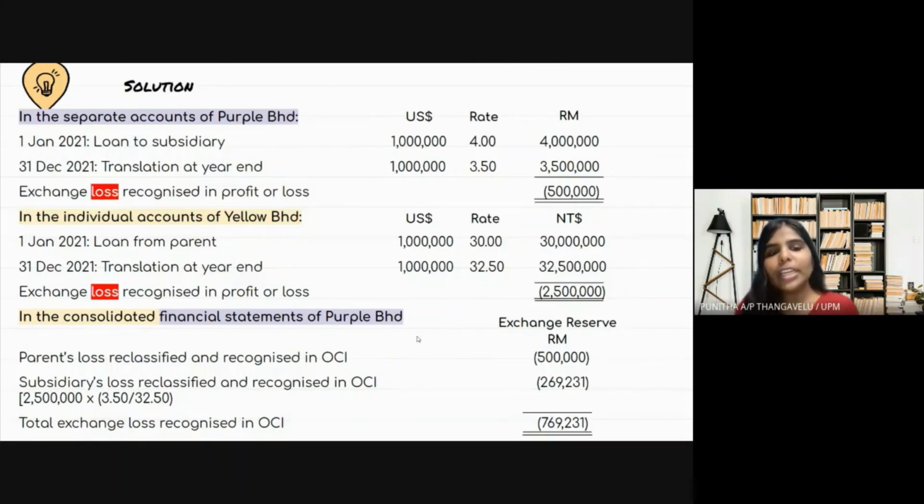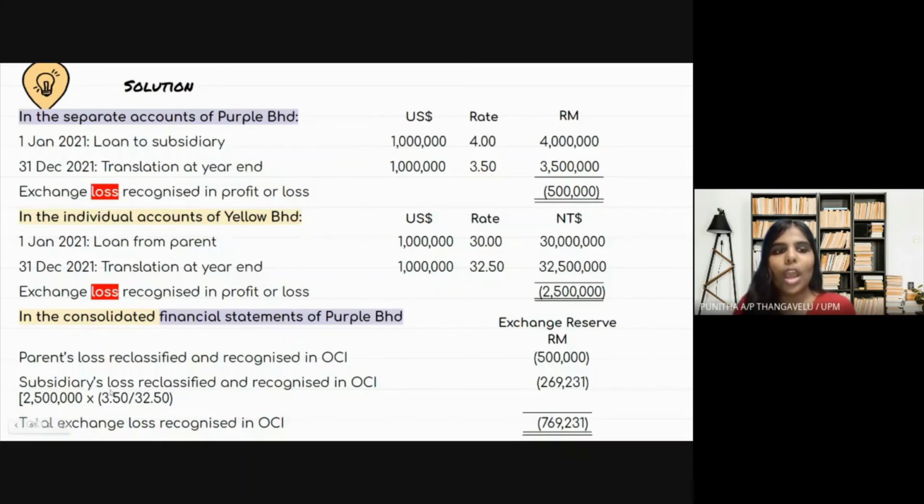And in the consolidated financial statement of Purple Berhad, the parent's loss is reclassified and recognized in other comprehensive income, which is 500k, and the subsidiary's loss is reclassified and recognized in other comprehensive income.